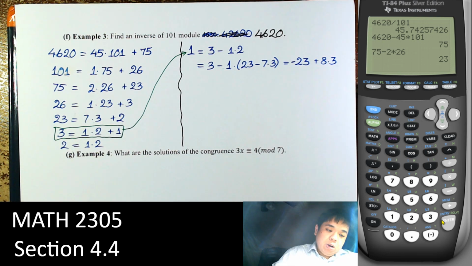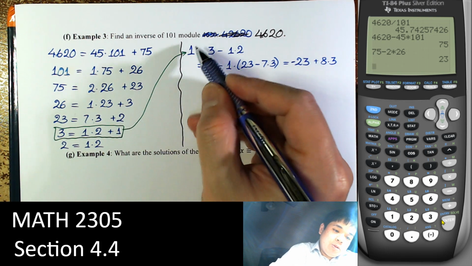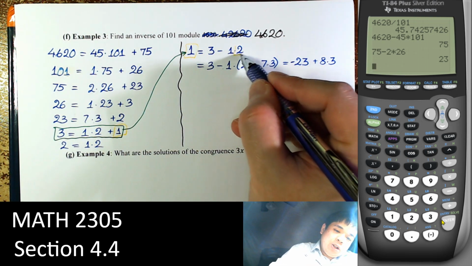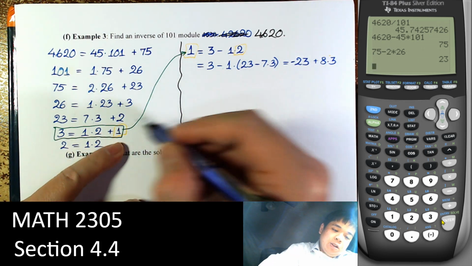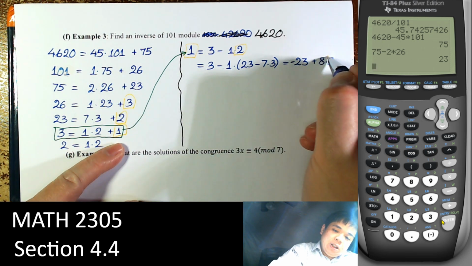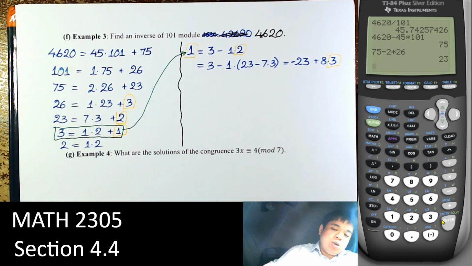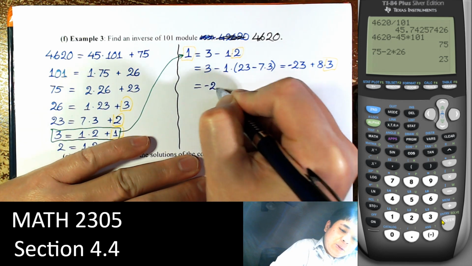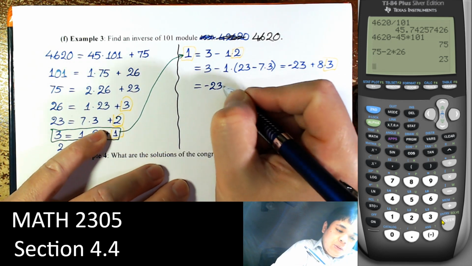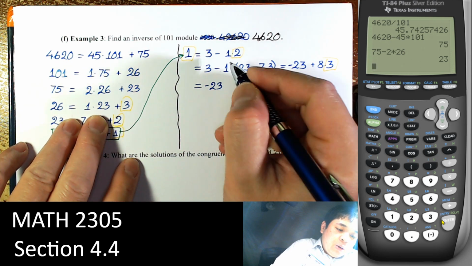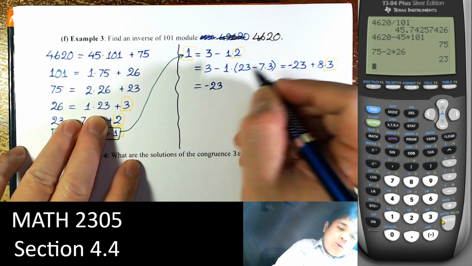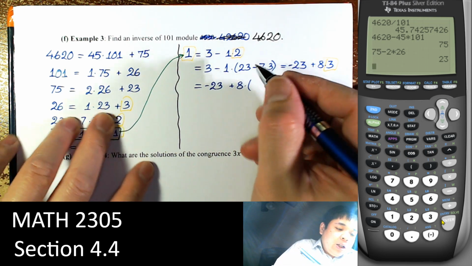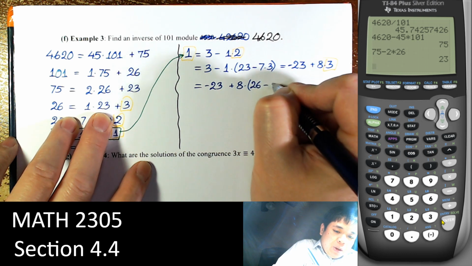Look at that, we will take care of the remainders. We took care of 1, now we took care of 2. Next we take care of the next one, 3. So 3 is equal to 26 minus 23. Then replace that, so we still have 8 times 3, which will be 26 minus 1 times 23.